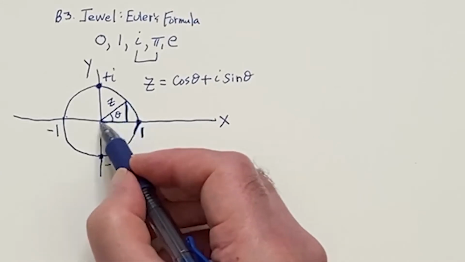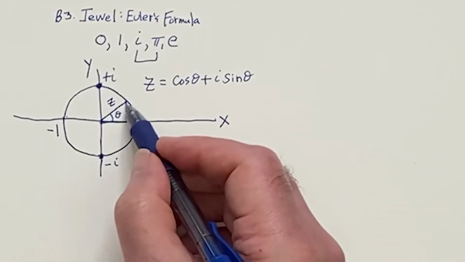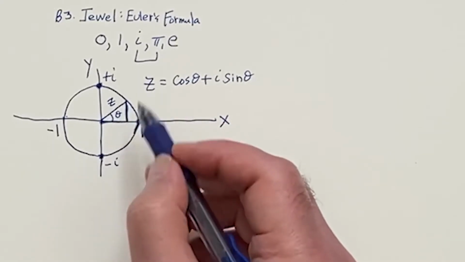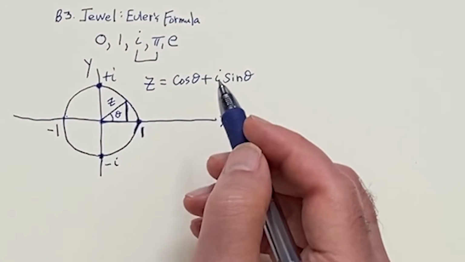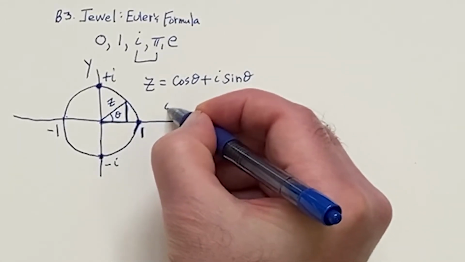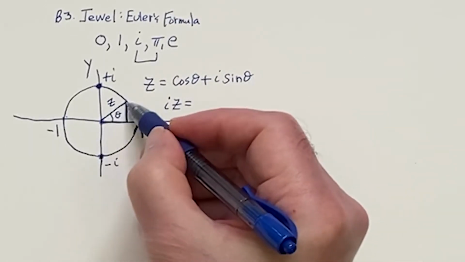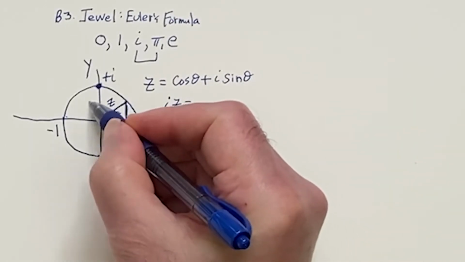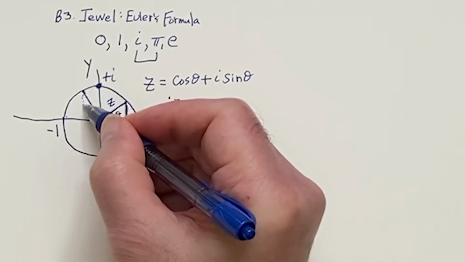So the cosine of theta is in your real axis line, and then this one is going in the y direction. But now watch this trick. If we multiply by i, we said that's a left face, so won't that go 90 degrees, and won't that get you here?